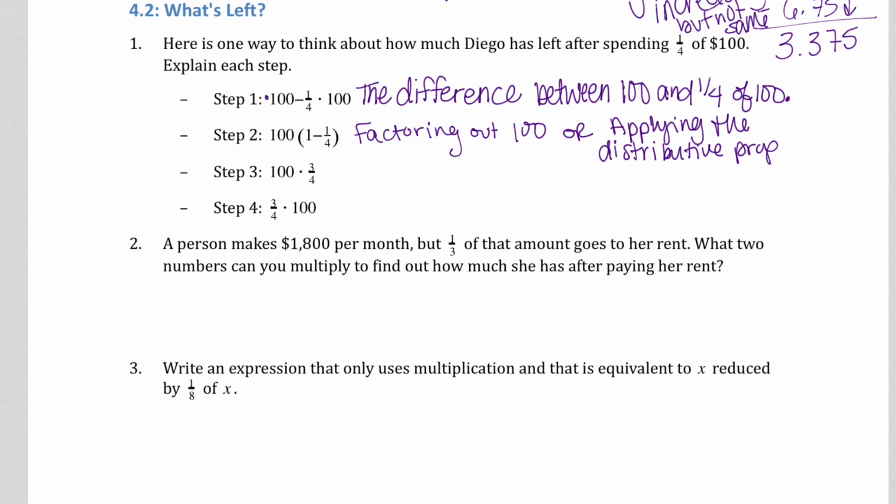This is a lot harder than what we were doing. So, as I was saying, we have 1 times 100, and then we have 1 minus 1/4 times 100. What they did here is they pulled this 100 together to be right here. So we are taking what 100 is multiplied by and just subtracting those two numbers. You'll get the same answer.